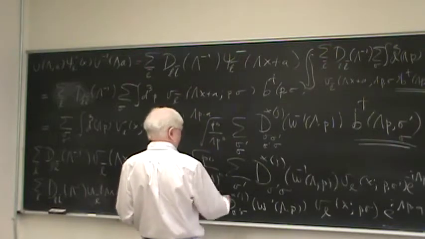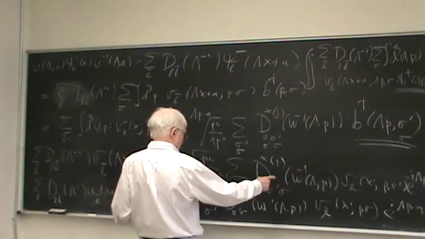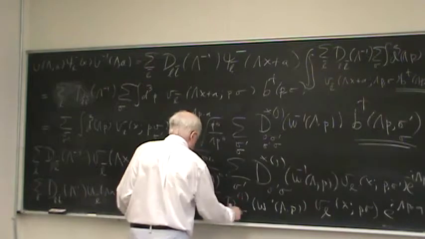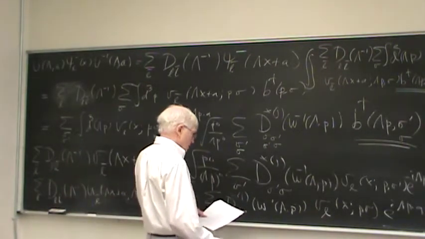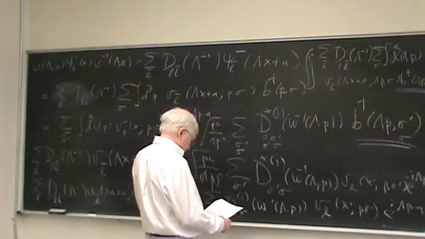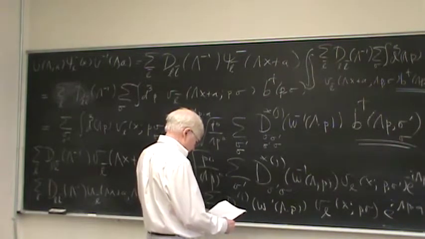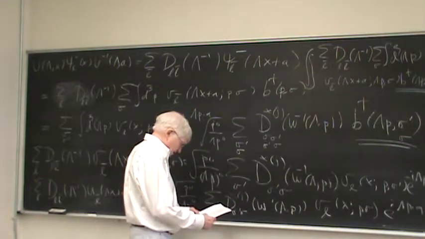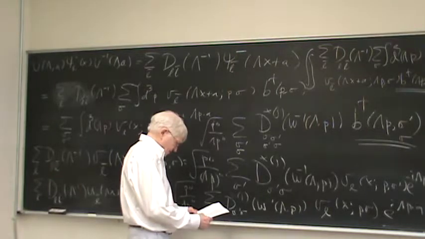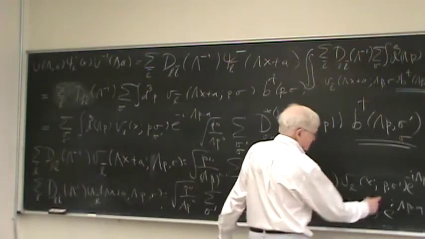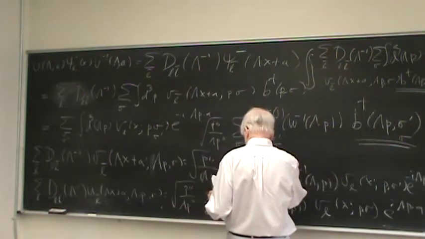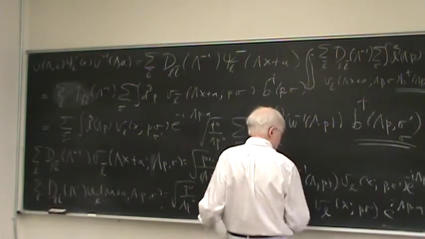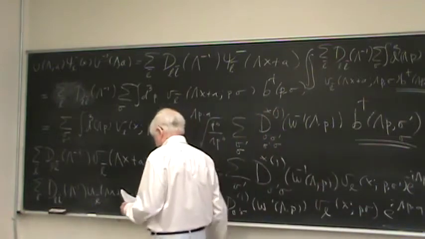The star goes on that one, but no star here. This one has no star. Otherwise, they're the same. The only differences are a minus sign here and a star for the antiparticles, a plus sign and no star for the particles.